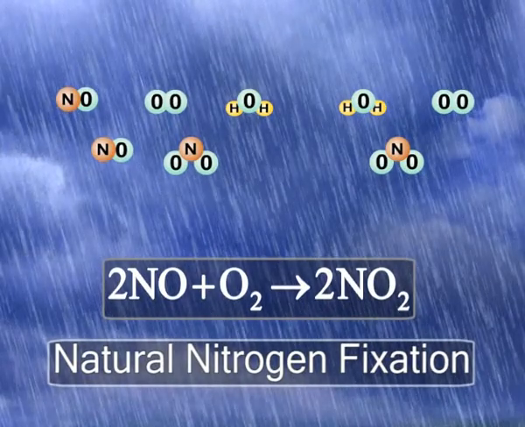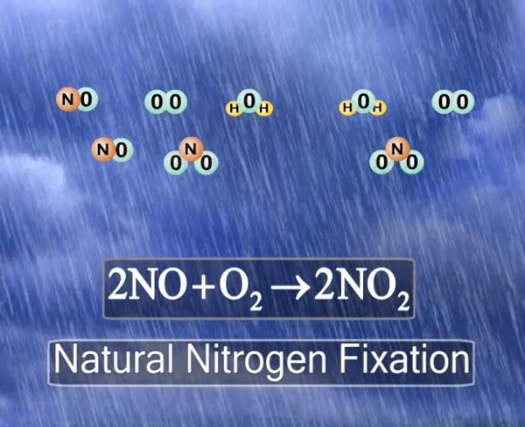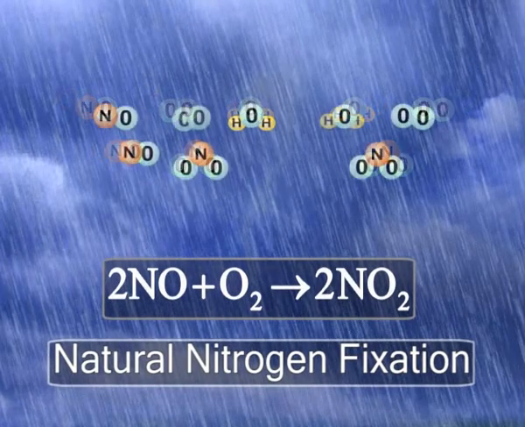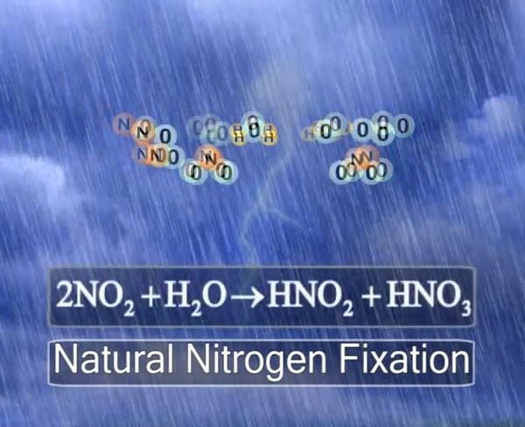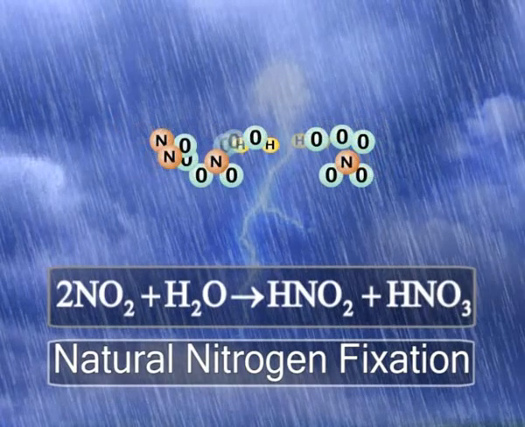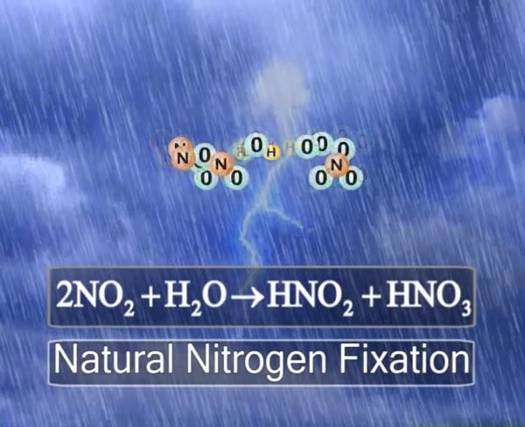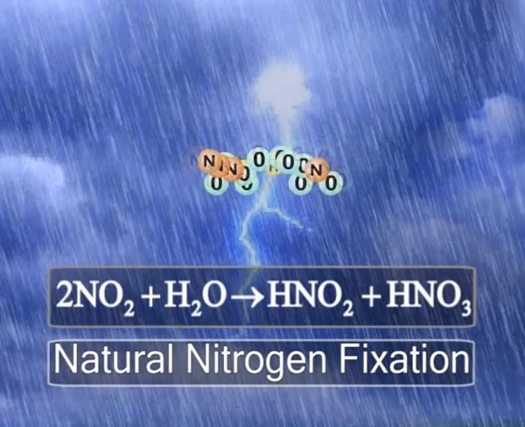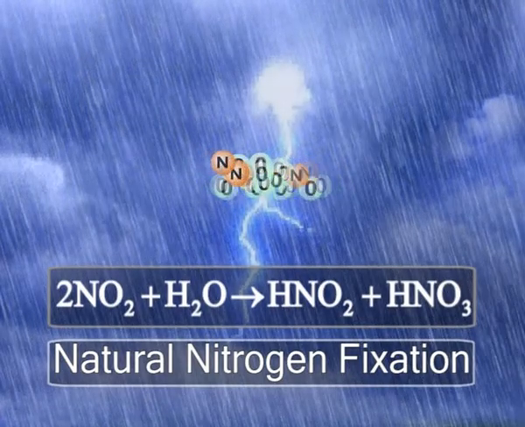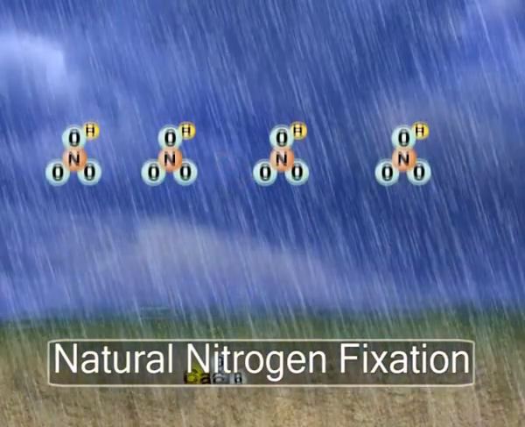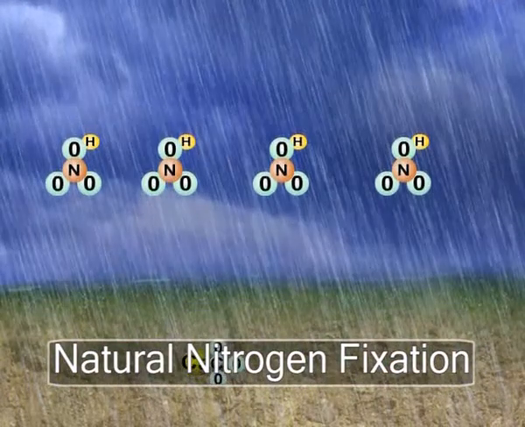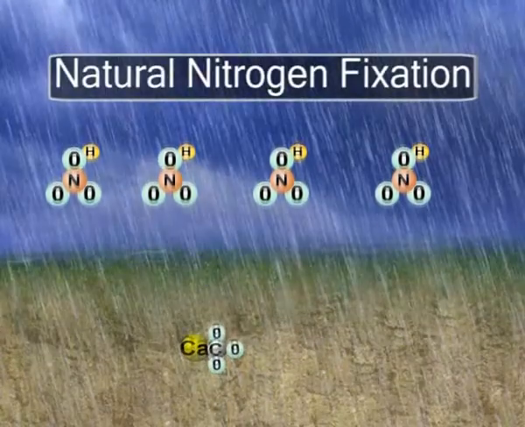Nitric oxide reacts with oxygen to form nitrogen dioxide. Now 2NO2 combines with H2O to form nitrous acid and nitric acid. These acids get dissolved in rain, which are carried to the earth.